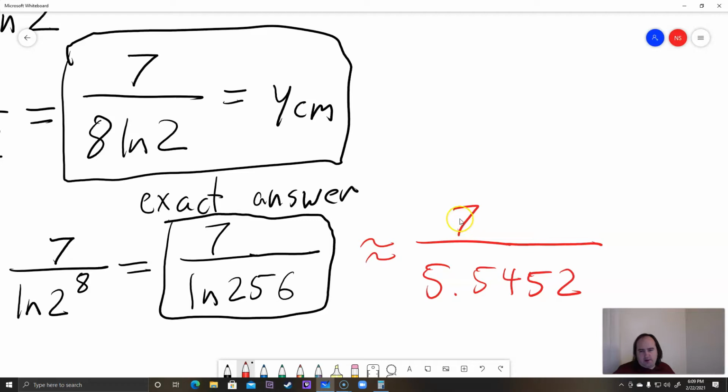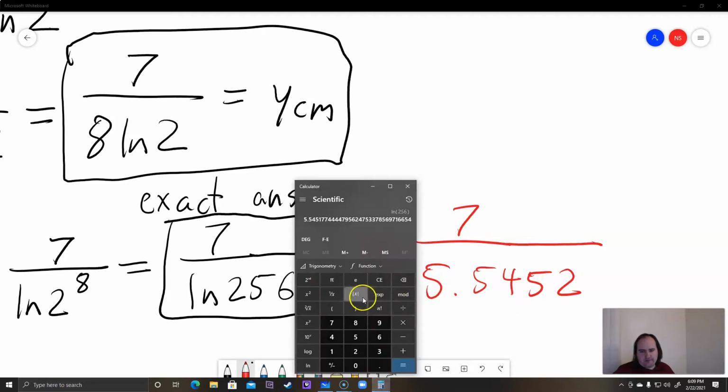Then if we do 7 divided by 5.5452, that will give us what we need. That gives us 1.26, which is, I believe, what they got on MyMathLab.